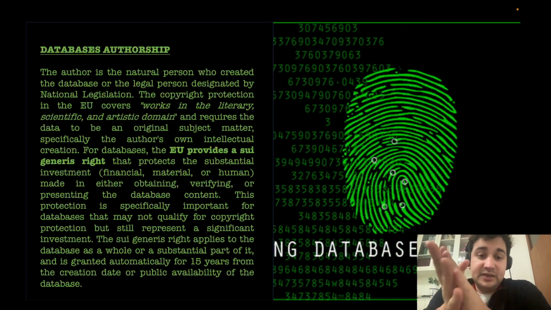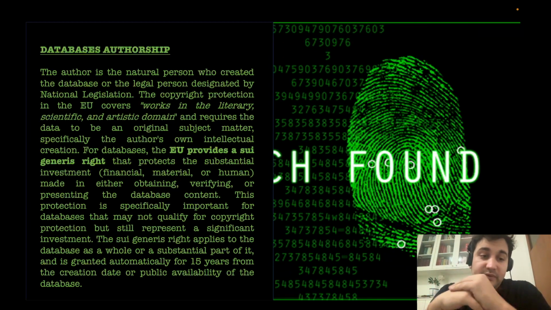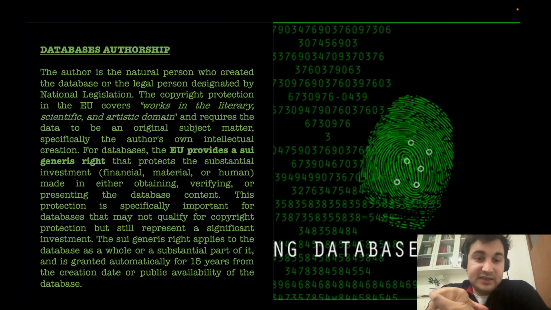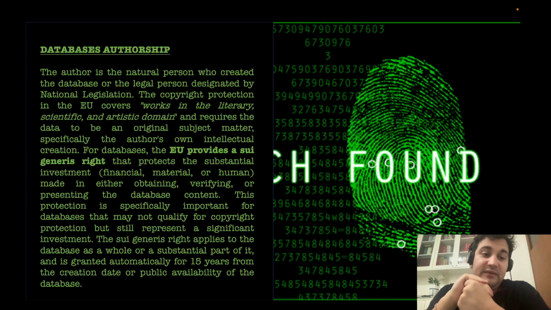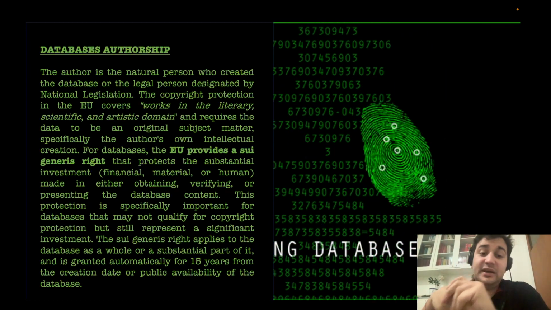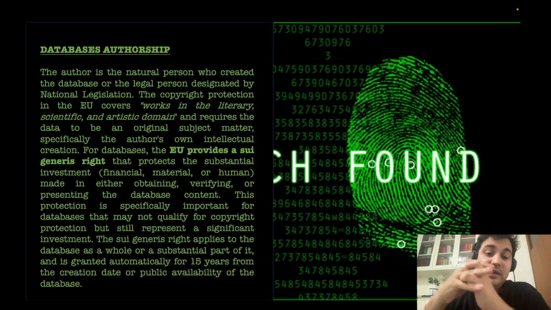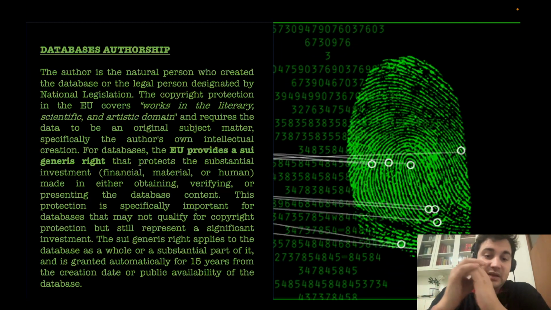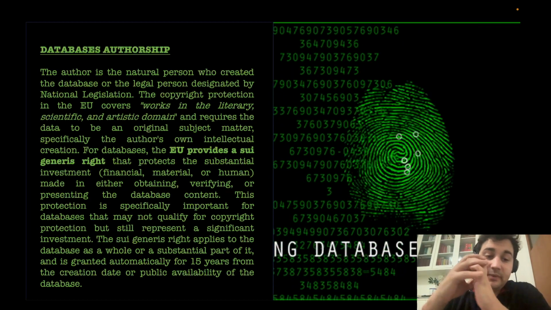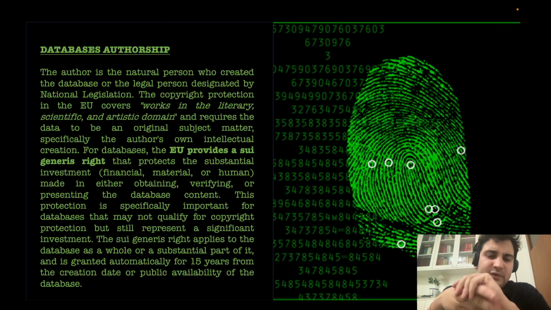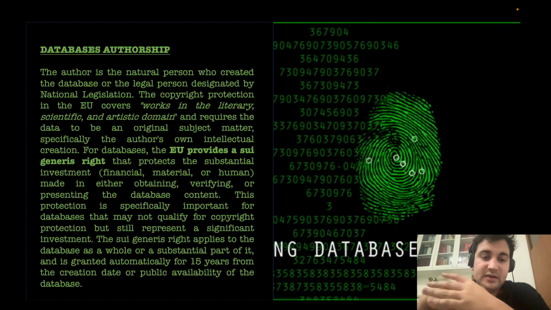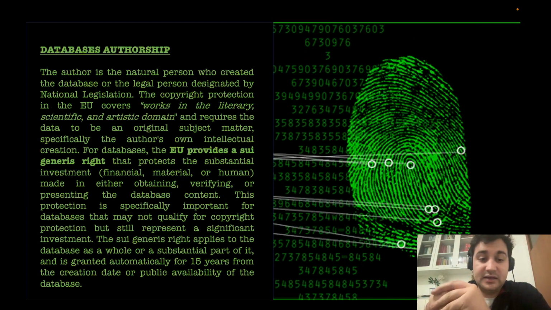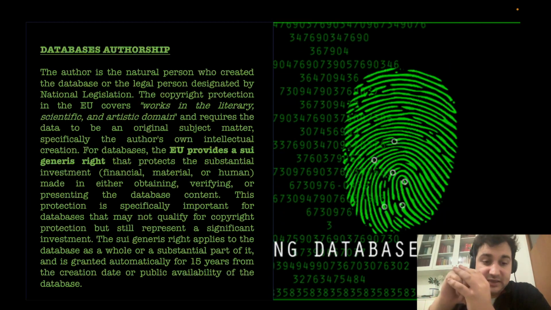Regarding databases, the EU provides a sui generis right that protects the substantial investment, the financial, material, or human investment made in obtaining, verifying, or presenting the database content. This protection is specifically important for databases that may not qualify for copyright protection but still represent a specific investment.